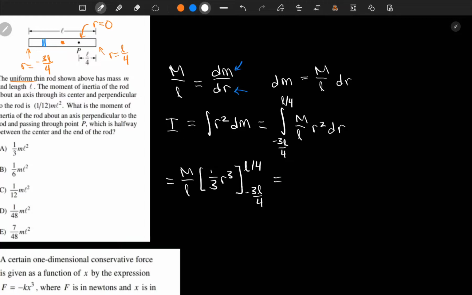And pulling out the 3 as that's a constant, we get m over 3L times L cubed over 4 cubed minus 3 cubed L cubed over 4 cubed. And there should also be a minus inside of here, because negative 1, which is what this minus is, to the third power is still negative 1.